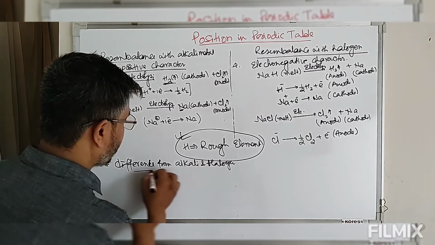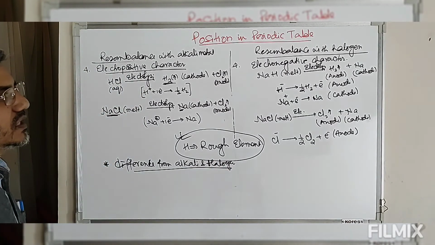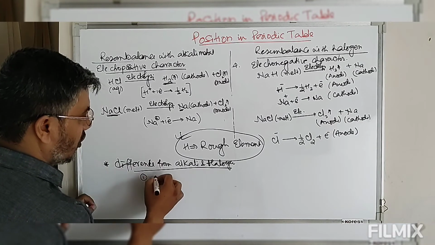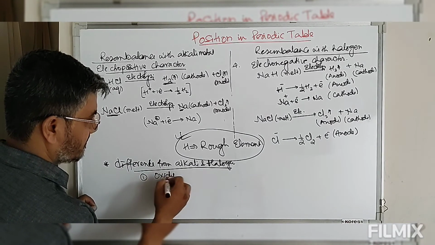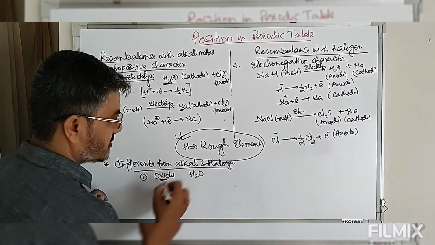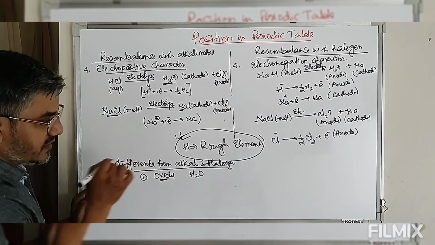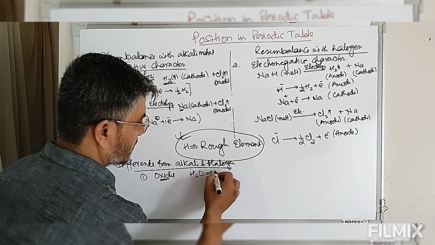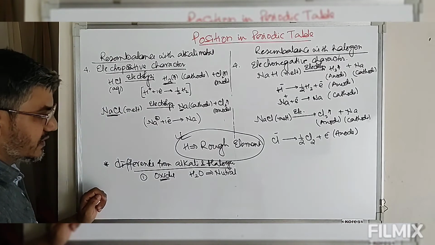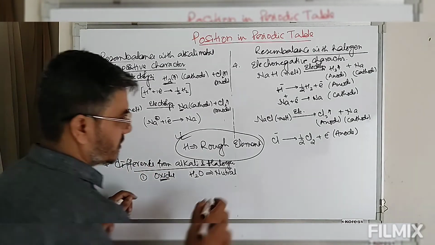There are some properties of hydrogen which show its difference from alkali metals as well as halogens. The first property is oxides. Now look at this: H2O is the oxide of hydrogen. This oxide of hydrogen is neutral, that means it is neither acidic nor basic.